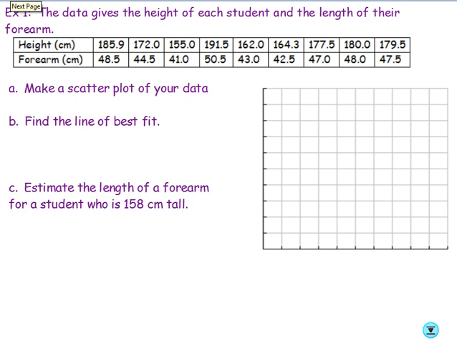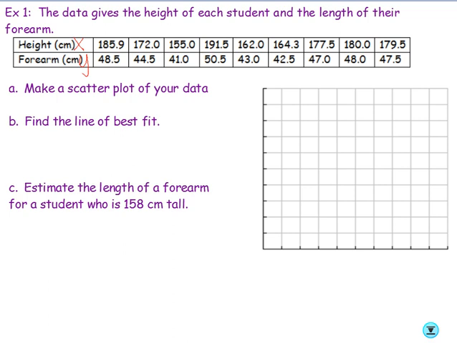You have data here that shows the height of each student and the length of their forearm. So the first part of it, we're going to make a scatter plot. I've provided you with a graph. What you can always make the assumption is the top row of your data is always your X values, and your bottom row is always your Y values.